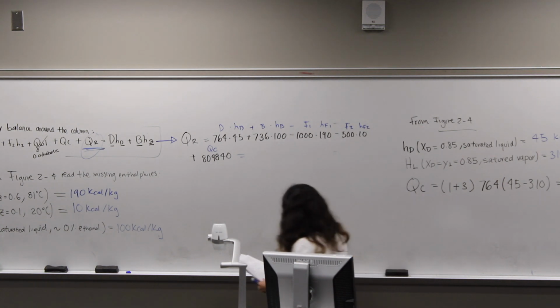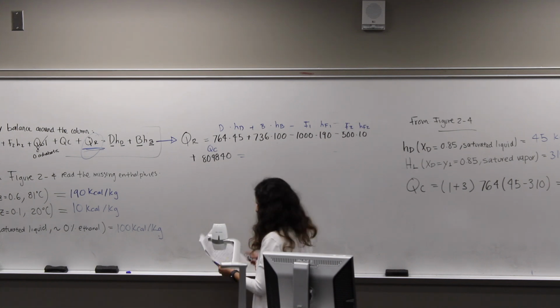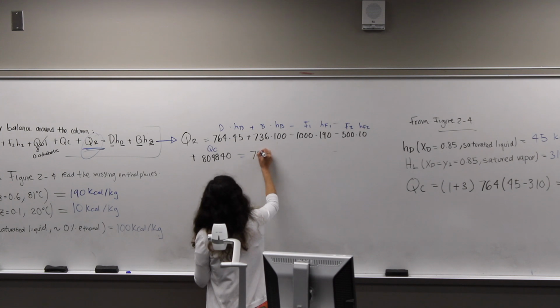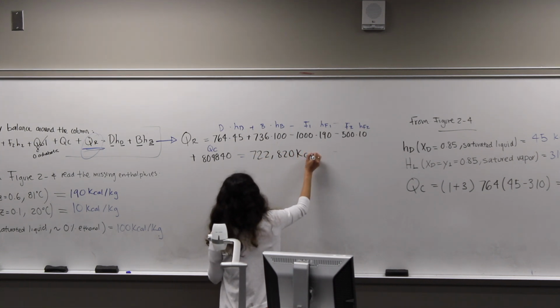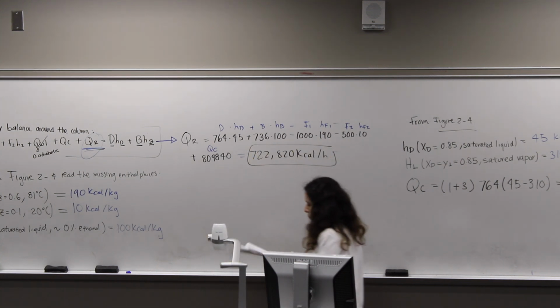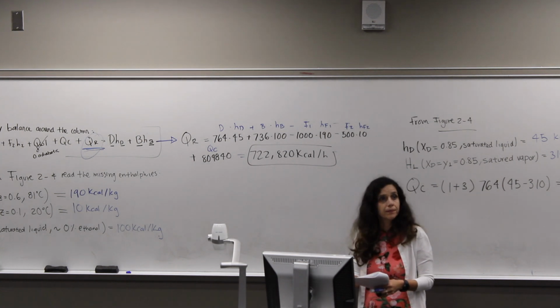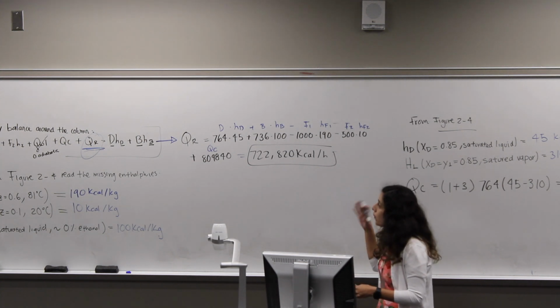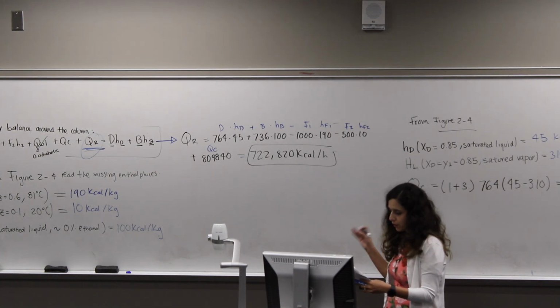So I got a value of 7 to 820. So we solved for an L over D or external reflux ratio of 3.